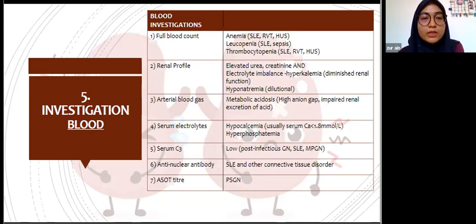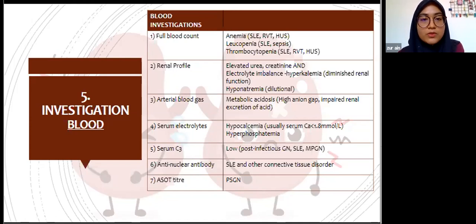For renal profile, which is the most important one to indicate AKI, we can see elevated creatinine and urea, as well as electrolyte imbalance such as hyperkalemia and hyponatremia, to indicate the decline in renal function itself.